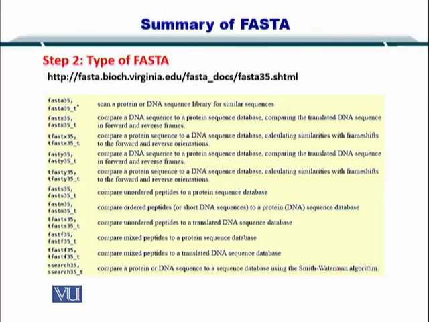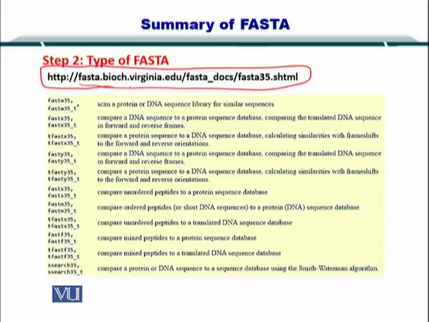Here I've listed several of them. You can simply go to this link at virginia.edu and select which type of FASTA you want to employ. The details are given here.